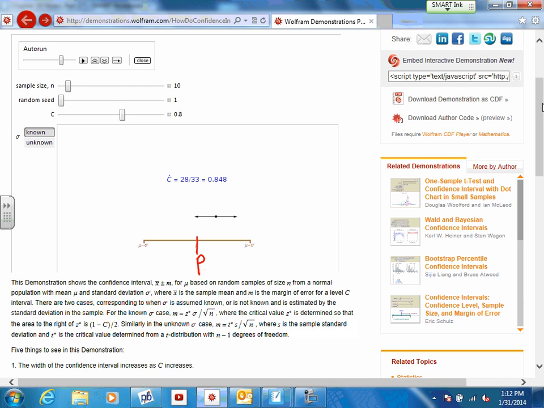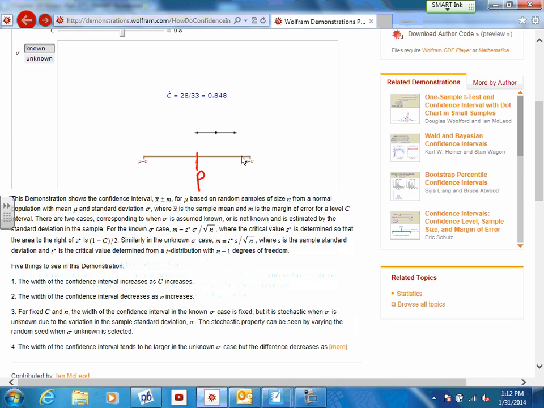Let me guide you through what this is. Here's a graphical representation. This brown line here at the bottom is, in theory, the real truth, but it's hidden whenever you really are in real life. You don't actually know what the true p or proportion or mean is. This black item is the confidence interval, and the dot in the middle is the sample you get.